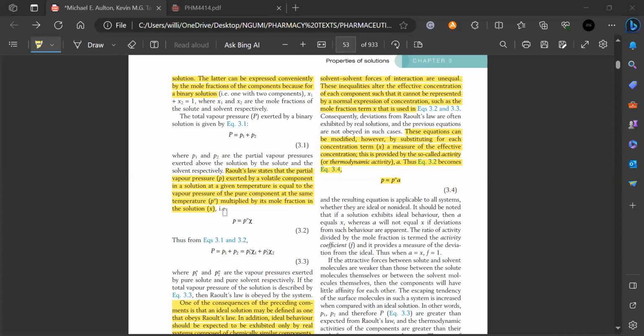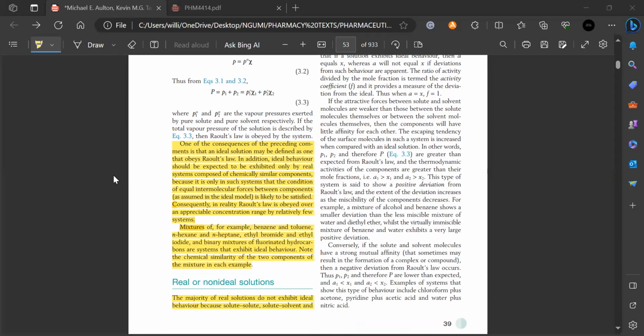So basically, in an ideal solution, if you take the vapor pressure of that component, whether it's the solute or the solvent, and you multiply it by the mole fraction, the amount of that component in it, it should give you the vapor pressure present in the whole solution.